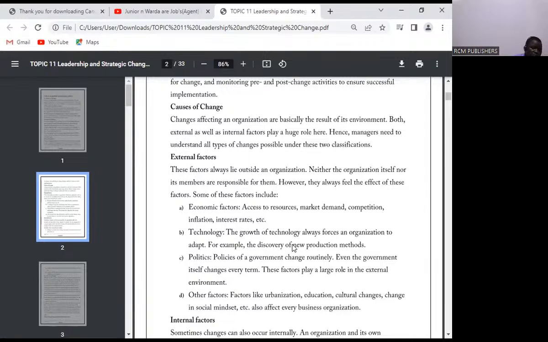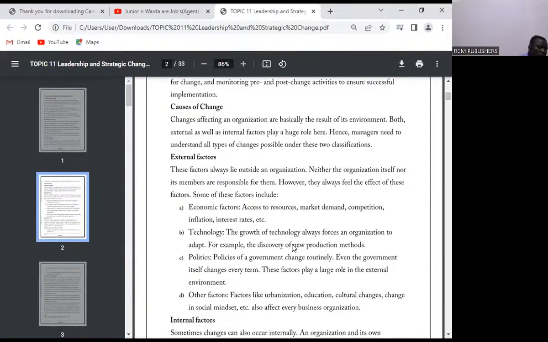But if it is because of external demands that you have to embrace new methods of doing things, you have to acquire new tools of doing work, in that case it becomes an external factor. So the growth of technology always forces an organization to adapt, for example, the discovery of new production methods.